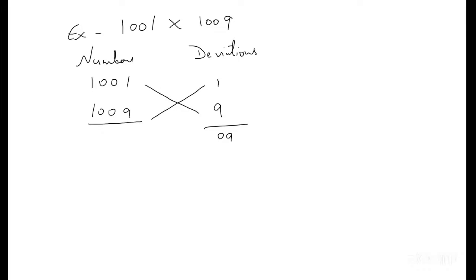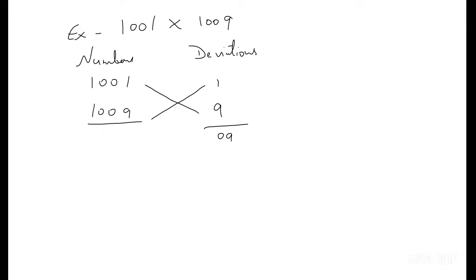Let me go through one condition. When you are adding 1009 and 1, and 1001 and 9, both of them will be equal, and the first digits are also equal.